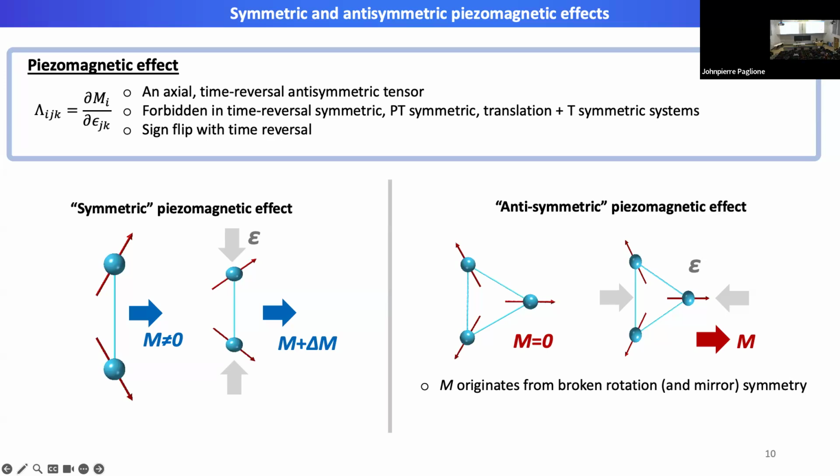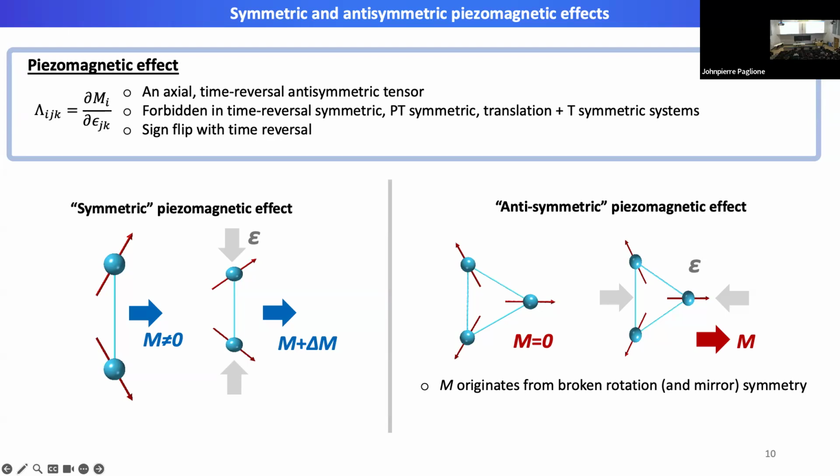So in some sense, you can view this new magnetization that wasn't there in the undistorted case to be a result of the broken rotation symmetry from the strain, right? And you can also do the same thing for mirror symmetries, but I'm only showing you the rotation symmetries. So this is my symmetry discussion of the piezomagnetic effect.